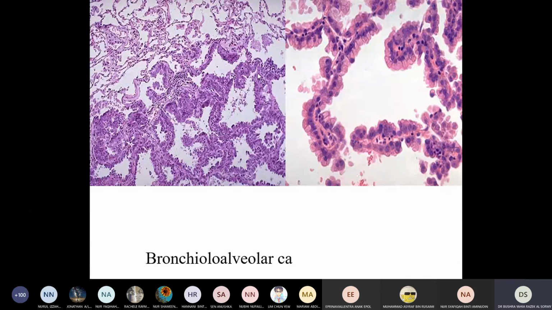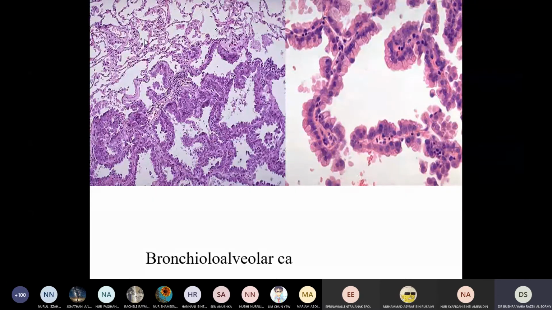We can see it arising from the alveolar wall. Can you see? Bronchoalveolar, both. Okay, you can see like papillary protrusion to the lumen. Okay, they are lined by columnar malignant cells with high NC ratio.